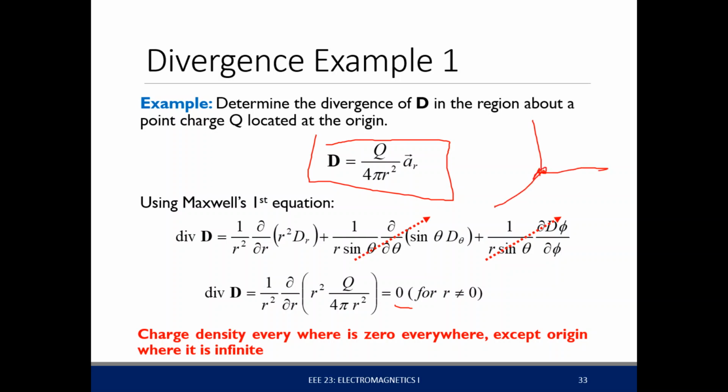So this is your point charge. There's no charge anywhere else except for the origin, where you have an infinite charge density. Since it's a point, it has no volume, but it has a charge q. Divide that by 0, it's equal to infinity.